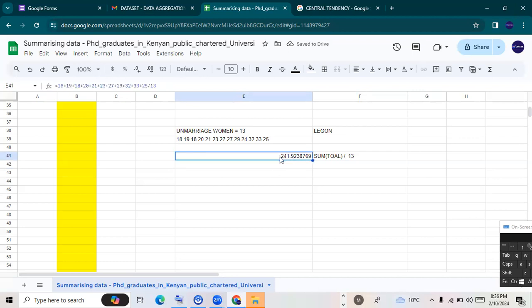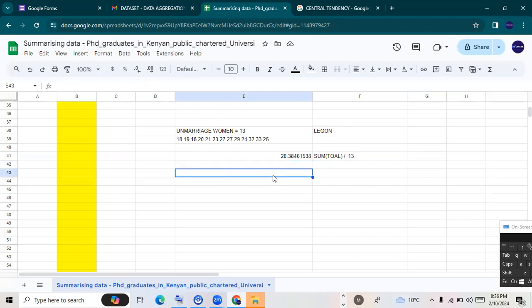Hey, no, this is wrong. Let me put this in a bracket and see. Okay, so we are getting our average to be what? 20, right? So our average number here is 20.